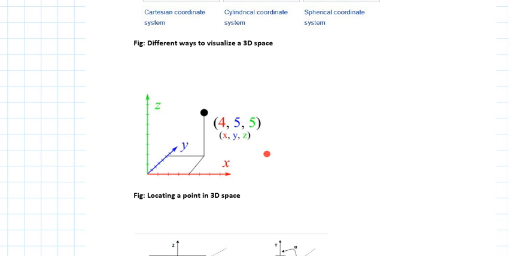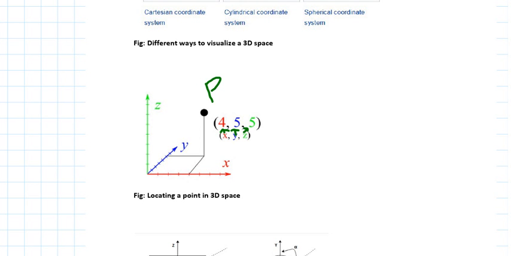Say you have an arbitrary point P in the 3D space, or your x, y, z space, and its coordinate goes like 4, 5, 5. That means the x value of the point is 4, the y value for the point P is 5, and the z value for the point is 5.